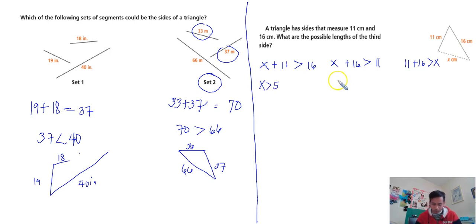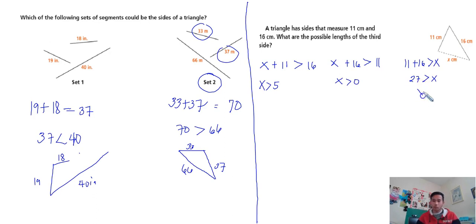The inequality x plus 16 is greater than 11 is true for all possible values of x; the inequality only tells us that x is greater than 0. So if this is 1, this will become 17. And here, 11 plus 16 is 27. So 27 is greater than x. Therefore, your x here is less than 27.